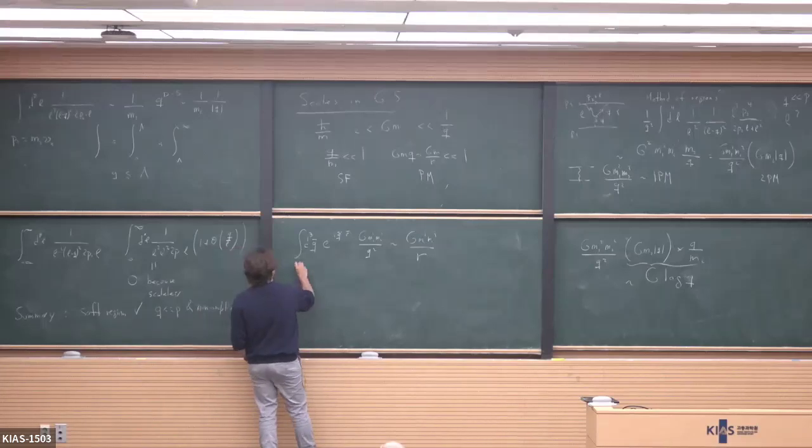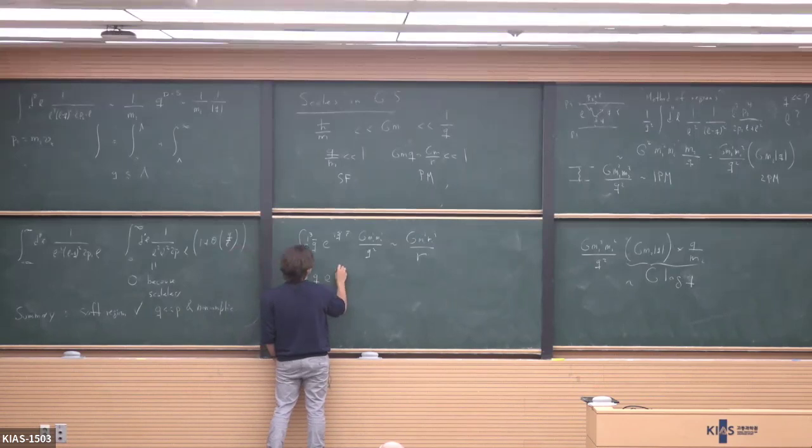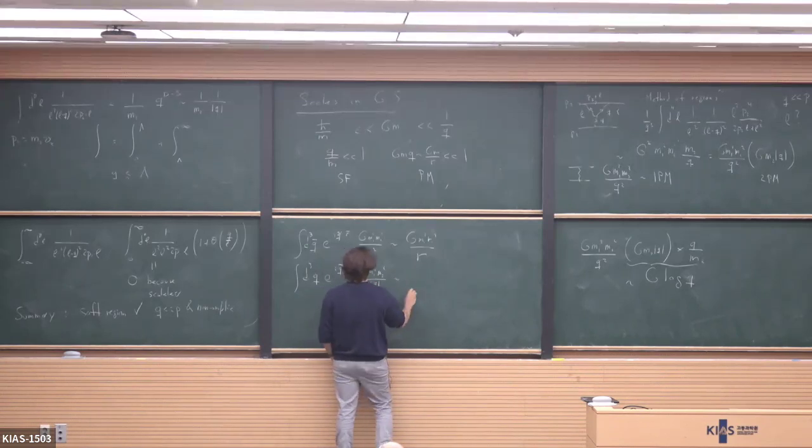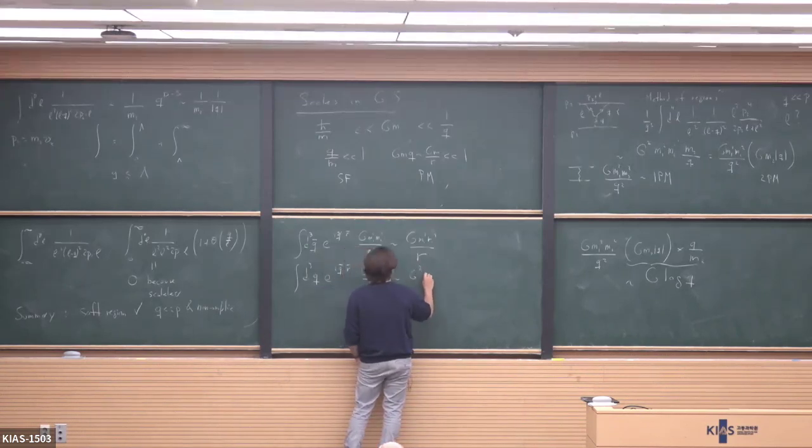Now if I do the Fourier transform of the next thing that I got, which was g m1 squared m2 cubed over q, is going to go like something over r squared.